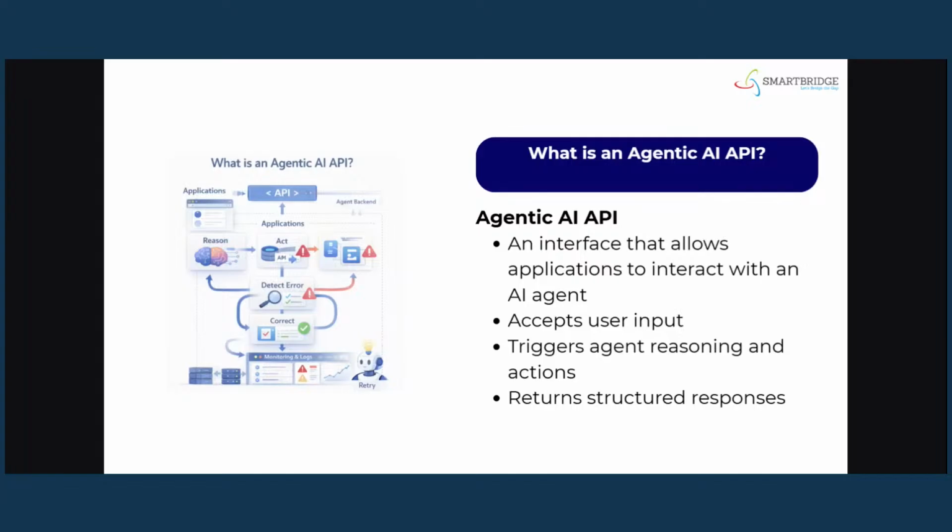This is the reason we have an agentic AI API at the interface layer. We treat it as an intelligent worker to think, plan, and take actions. So the API is acting as a bridge between our software and that intelligent system.